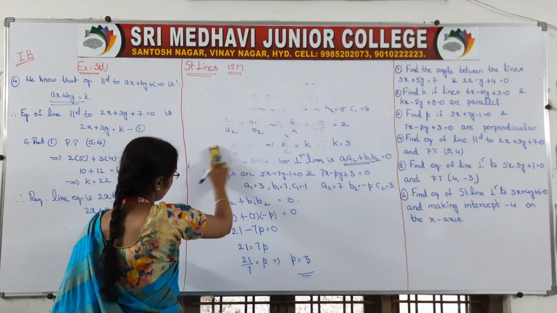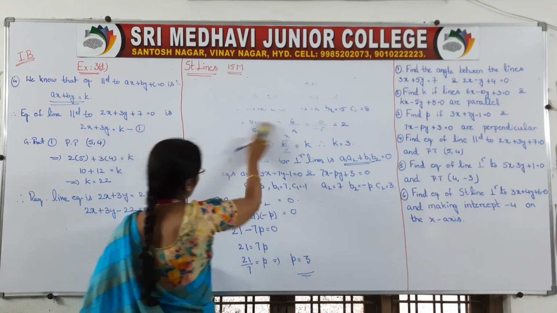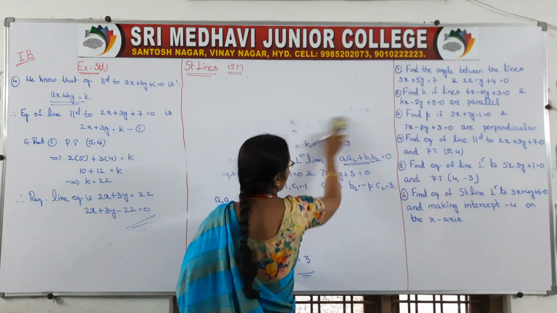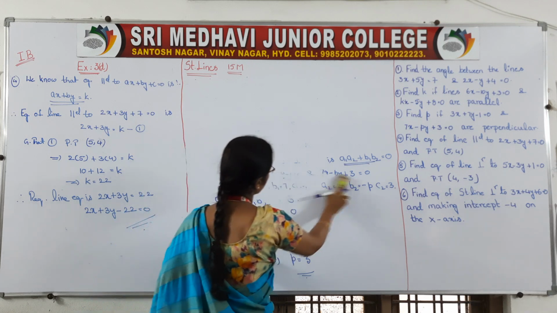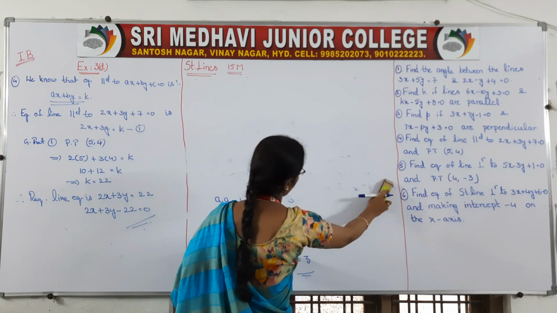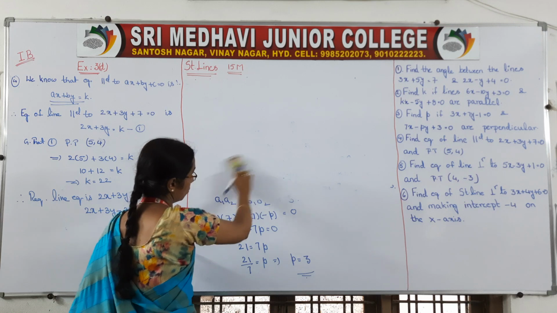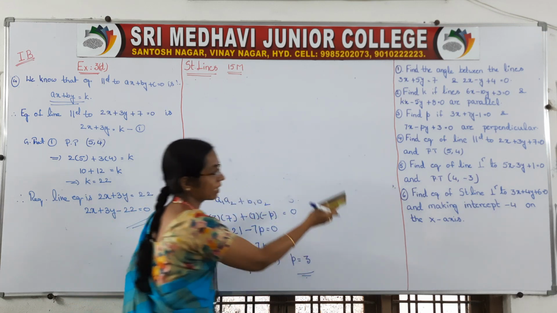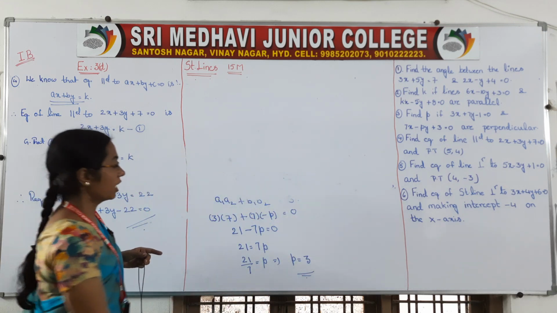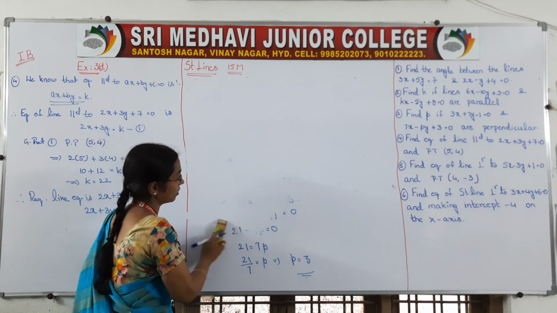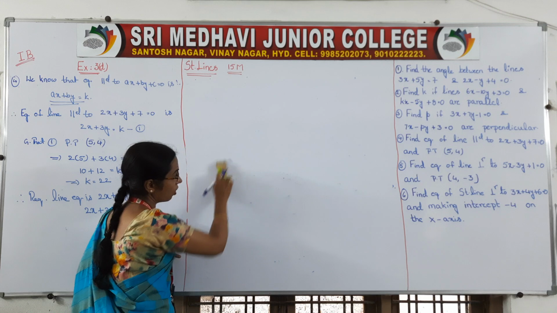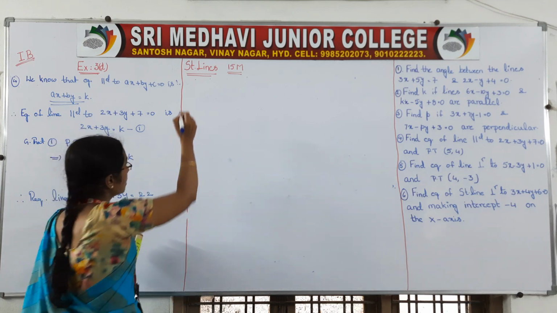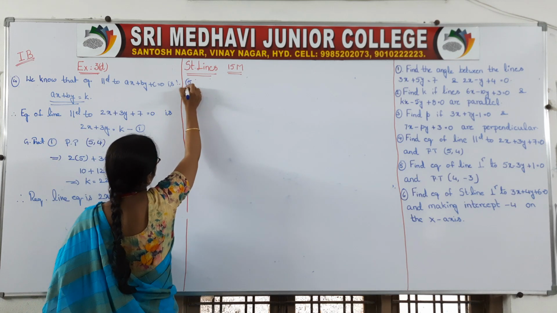Now come to the fifth question. So come on, read the fifth question. Find the equation of the line perpendicular to, previous problem was parallel to, now it is perpendicular to. Find the equation of the line perpendicular to one line equation and it passes through a point. So come on, same, what will be the line form if it is perpendicular to the general form? This is your fifth question.